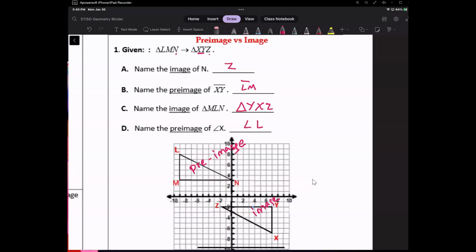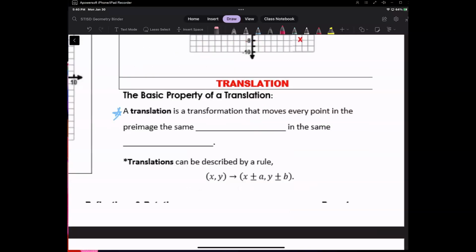So the transformation that we're focused on in this lesson is translation. Translation is a transformation that moves every point in the pre-image the same distance in the same direction.